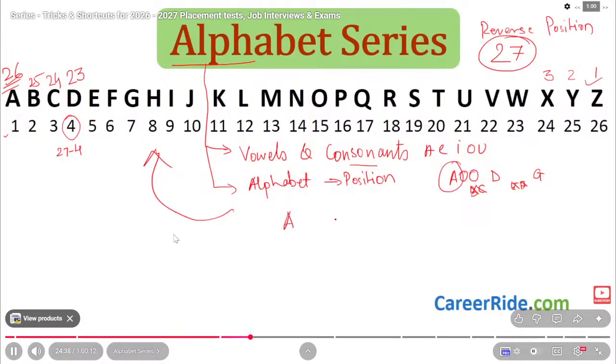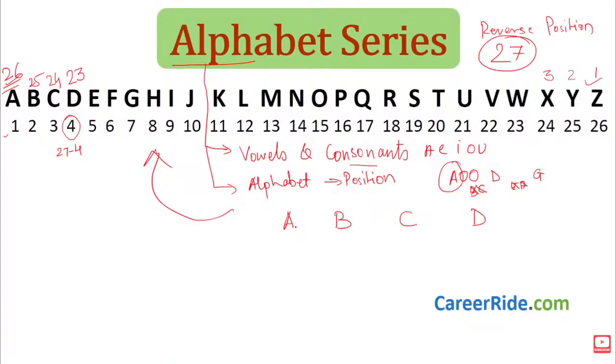It might be like this: A, B, C, D. That is, each element is just one letter, and sometimes there may be groups instead of letters, like A, B, C, D, E, F, G, H, I, J, K, L, and we have to find the next three letters.